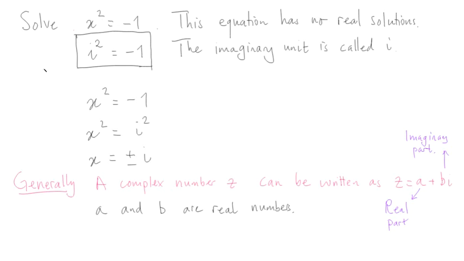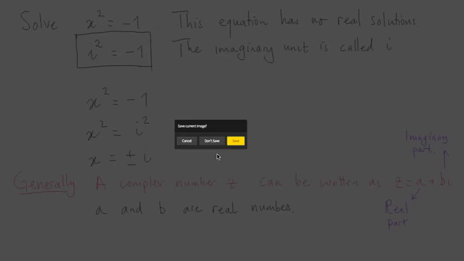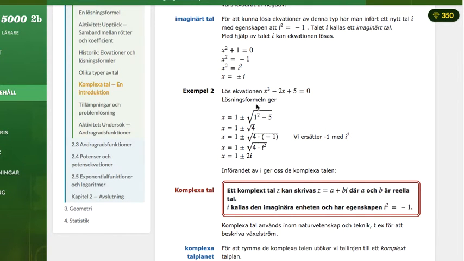So let's do an example. Solve x squared minus 2x plus 5 equals 0. We're going to solve this quadratic equation, so let's use the formula.